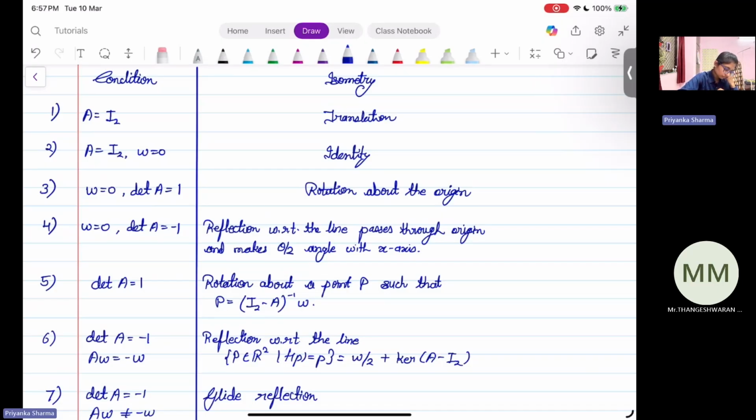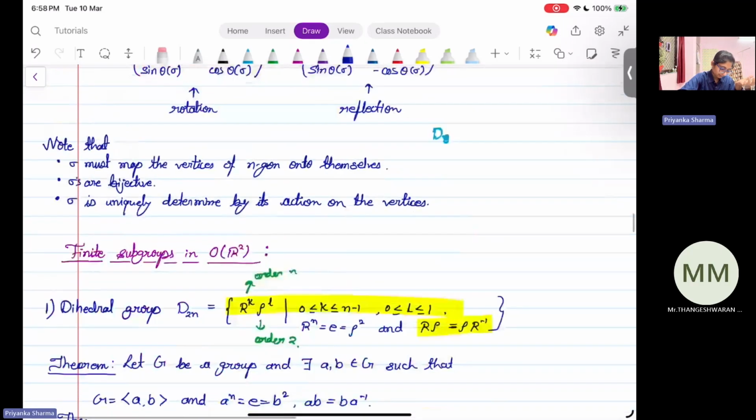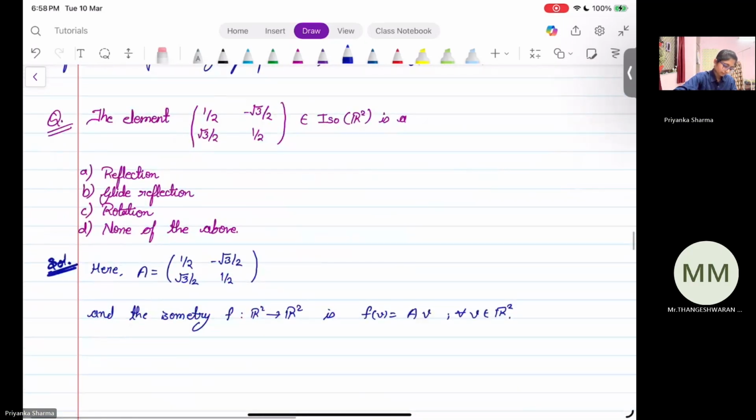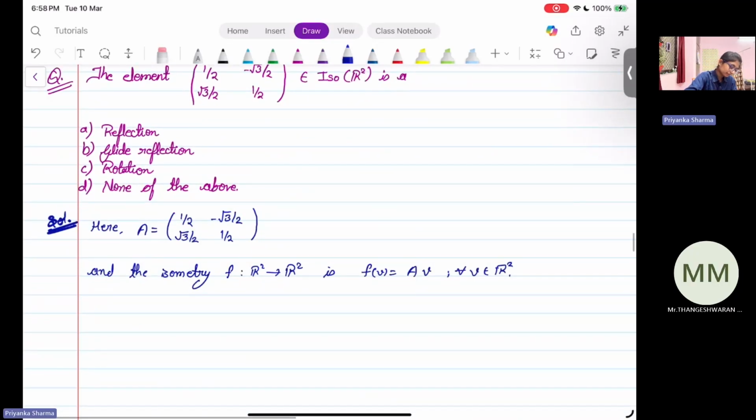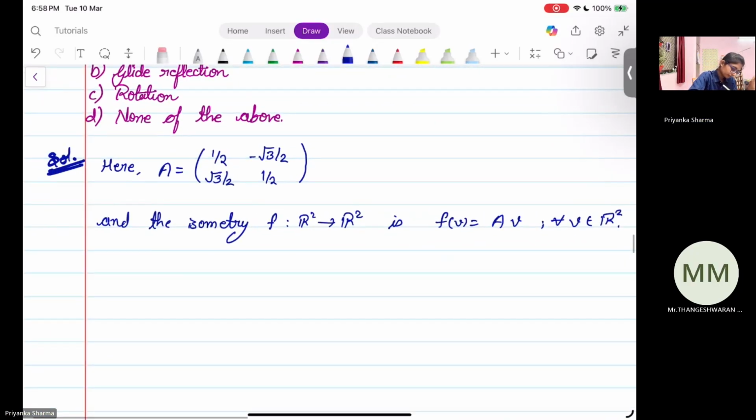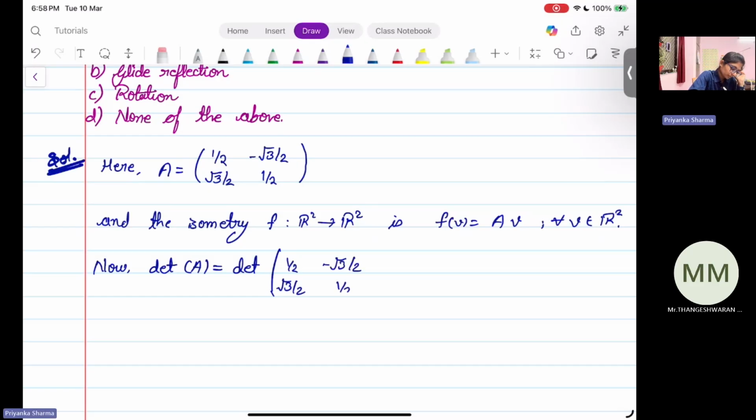Now we need to check what is the determinant of A. That is the determinant of [1/2, -√3/2; √3/2, 1/2].